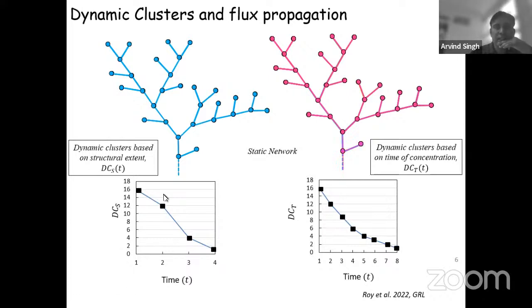So in other words, for the same static network, DCS takes 4 steps to achieve full connectivity, whereas DCT takes 8 steps, almost double the time.